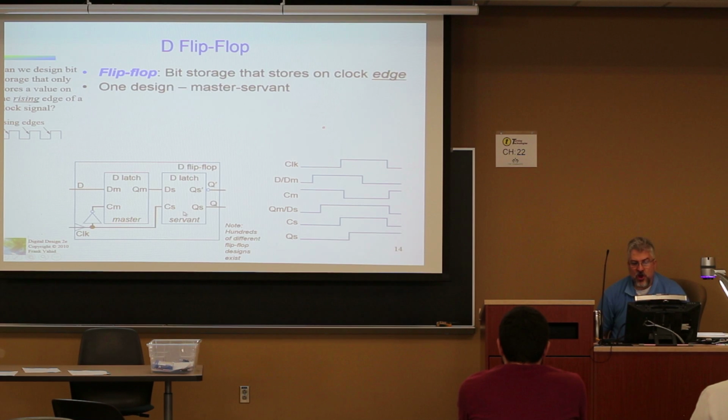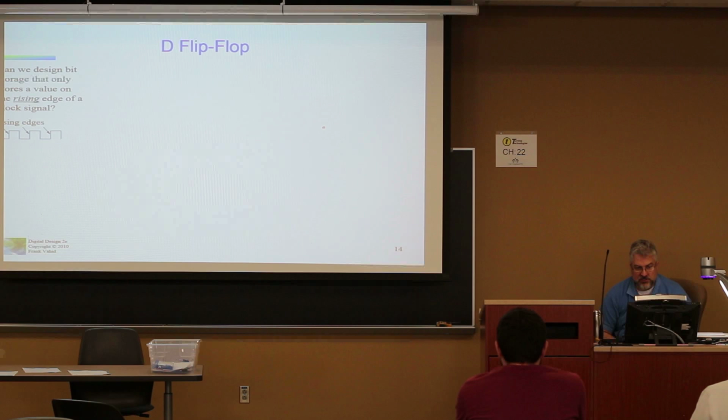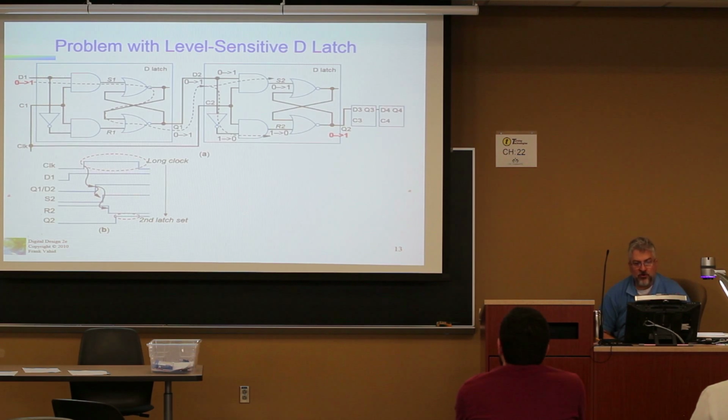That way you can always ensure that whatever you latch on the D input for the first latch, it will be latched into this and then latched into the second one and stored, without worrying about some of these problems earlier with level sensitive D-latches.